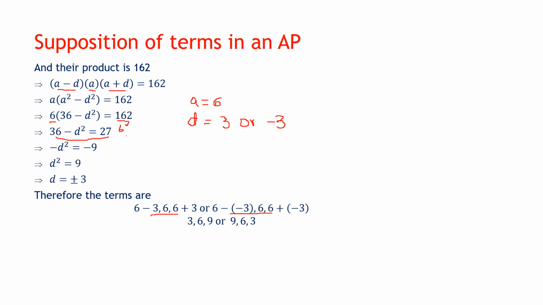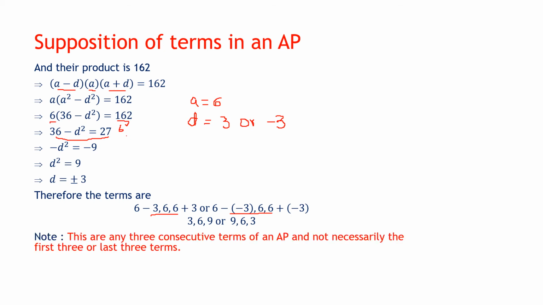So the three terms of our sequence are 3, 6, 9. Adding 3 plus 6 plus 9, we get 18. Multiplying 3 into 6 into 9, we get 162. So this is how we assumed and did this sum. Now note here, these are three consecutive terms of an AP. They may not be the first three or last three terms, but any three terms of the AP.